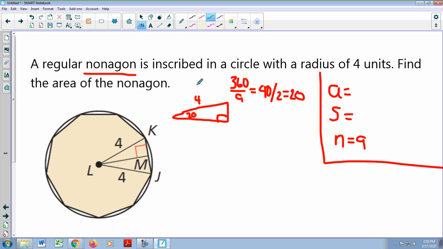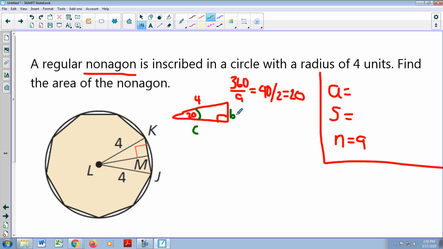So now I've just got to do trig ratios to find my A. I'm going to switch that up. I'm going to call it my B value, and my C value, given that is my angle. So I'm just going to start.